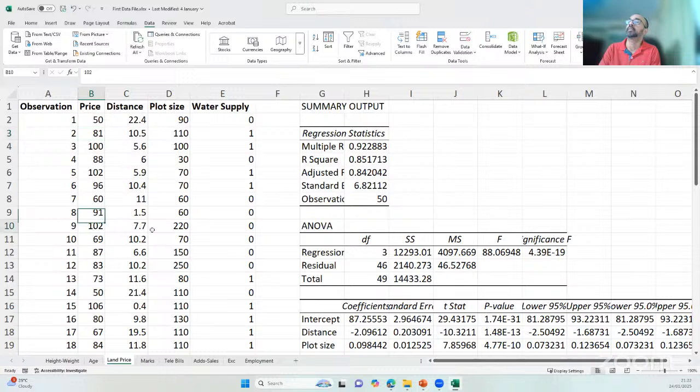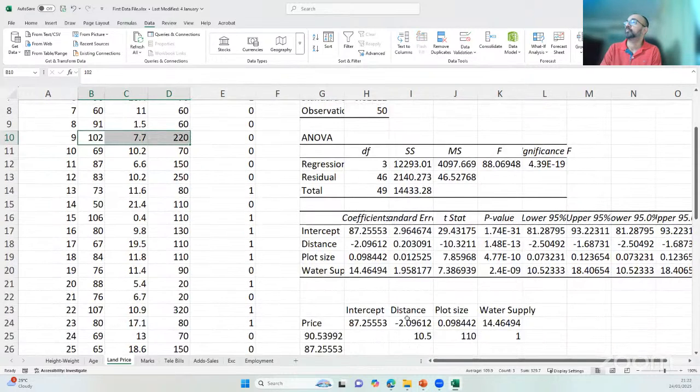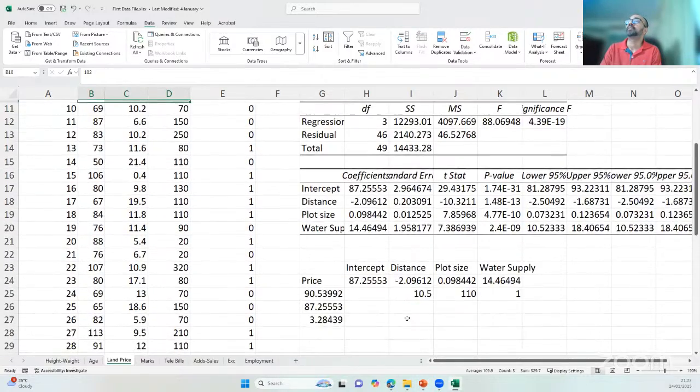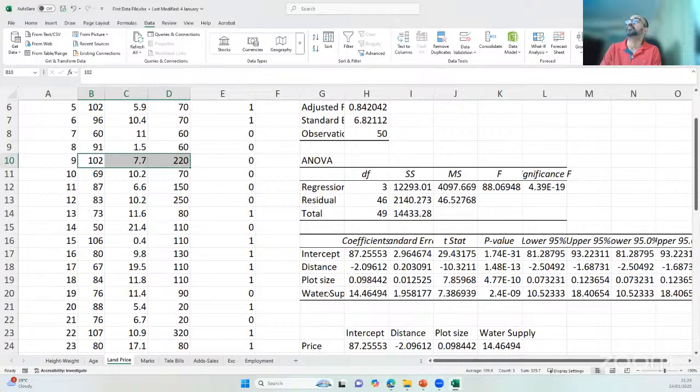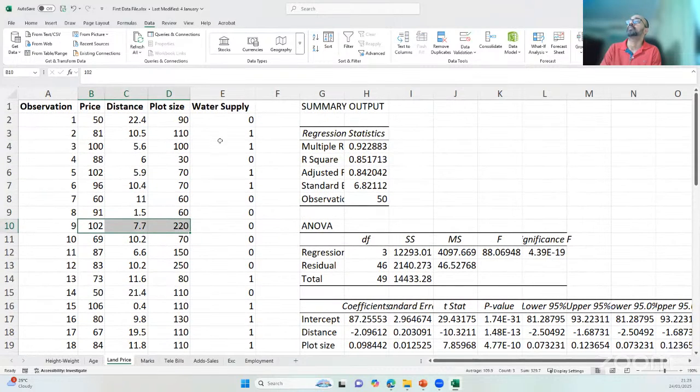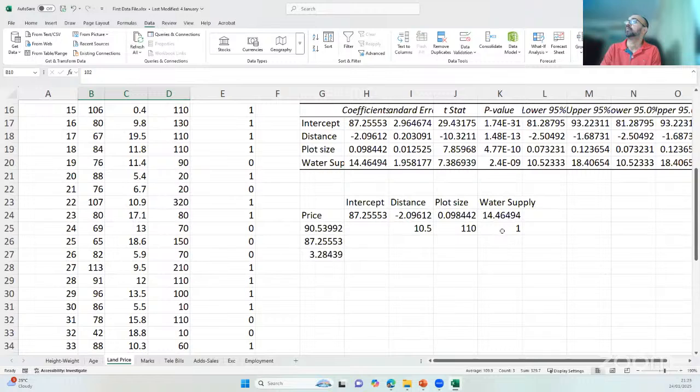Some of the values may have been better estimated. Shall we check this one? A larger value, right? That is 7.7 and 220, and without water. That one is with water, right? So 7.7, 220.